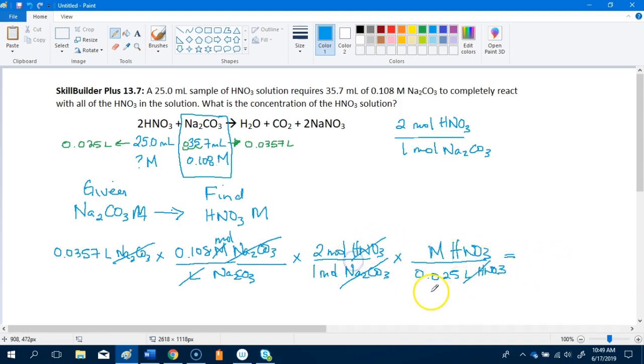And then those will cancel out there. So again, I'm not going to put a big M here. I'm going to put a little m, because you can see that moles over liters will equal my concentration, which is my molarity of HNO3 in the end.